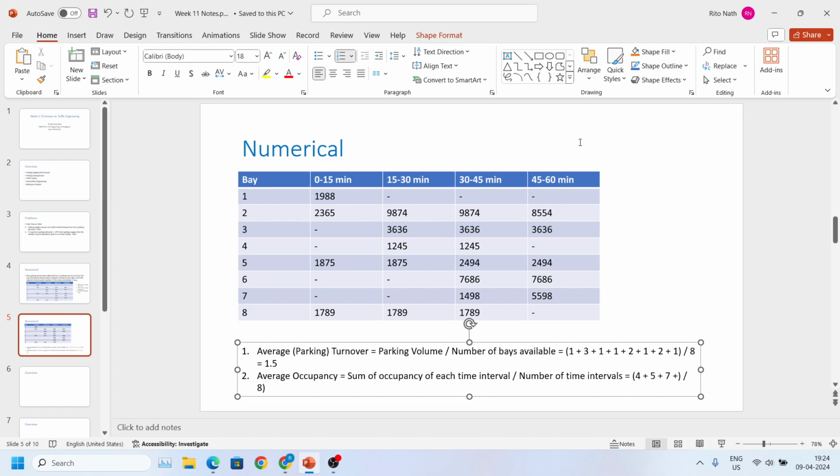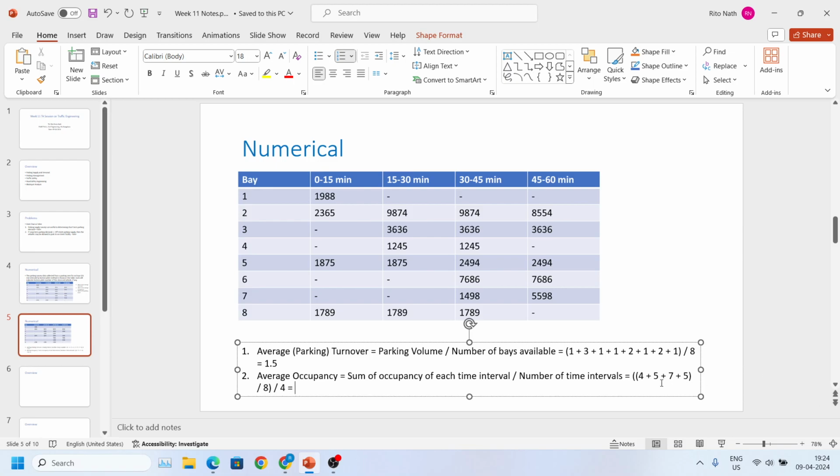Then for the last one, 5 of them are occupied. So this is 5. Now you have divided by 8 already, but you also need to divide by the number of time intervals, which is 4. So this entire thing would be again divided by 4. So that would be your answer.